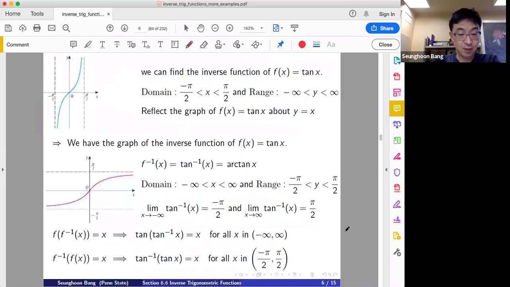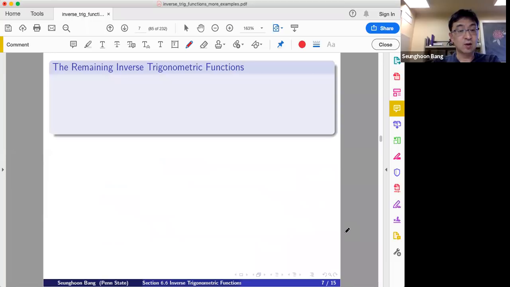The next one, the remaining inverse trig functions, I haven't talked about yet. We can use similar methods for finding inverse sine, inverse cosine, inverse tangent, and we have similar results. Y equals inverse cosecant of x is a relation: cosecant y equals x, where y is in this domain.